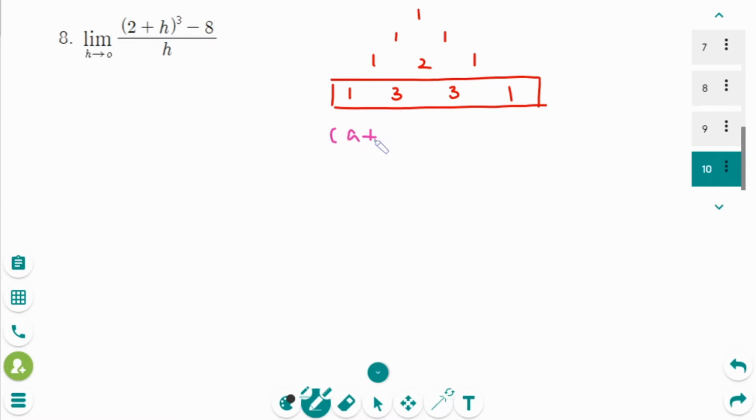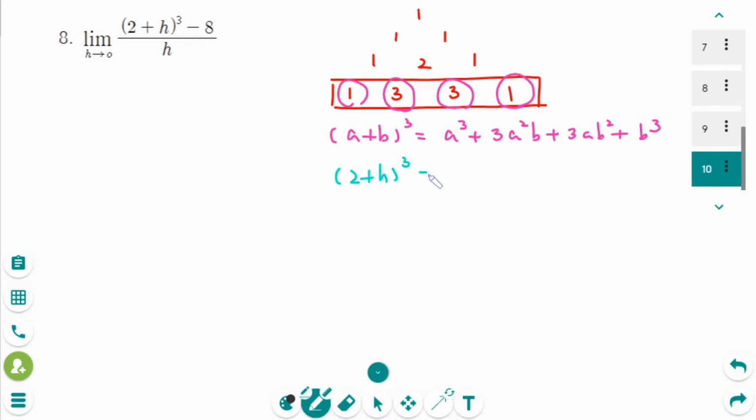So a plus b cubed equals a cubed plus 3a squared b plus 3ab squared plus b cubed. So this is the coefficient. Then 2 plus h cubed equals 2 cubed plus 3 times 2 squared h plus 3 times 2 h squared plus h cubed.